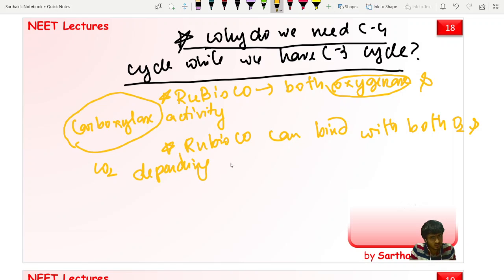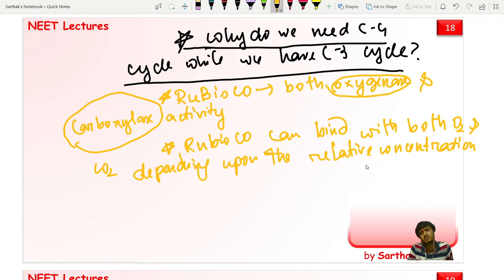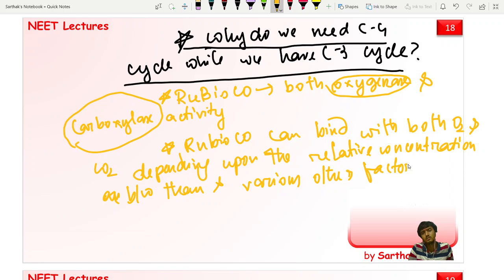depending upon the relative concentration between them and various other factors.